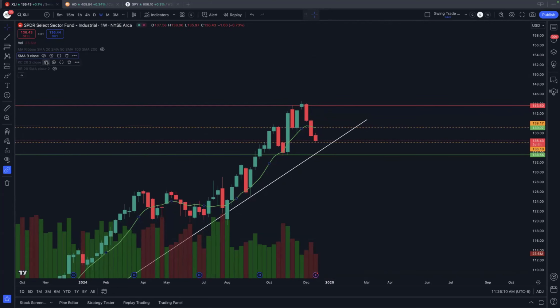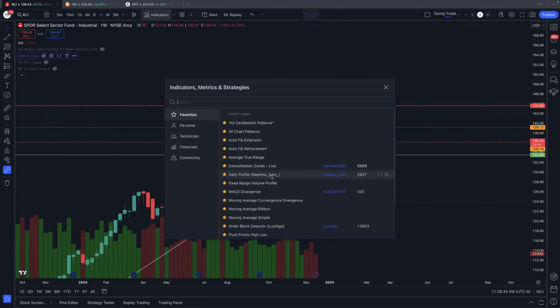Now, what I'm going to pull up, because I'm a cheapo, I'm a little frugal in some places. When I first started using TradingView, the premium package was $30. Now it's 60. So I got the plus package, which means you can't use an unlimited amount of indicators. So I like to use the moving average ribbon, and I'll show y'all simply the moving average ribbon.